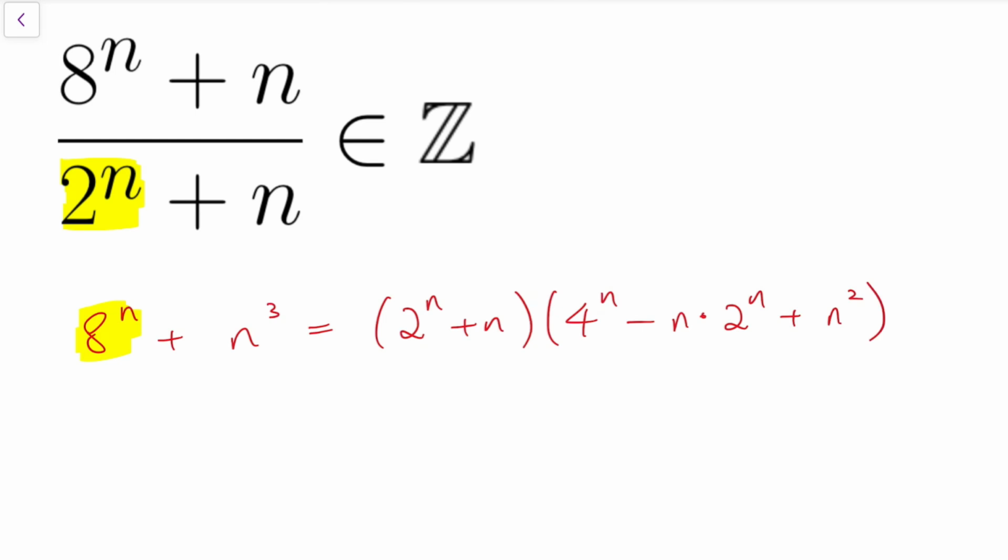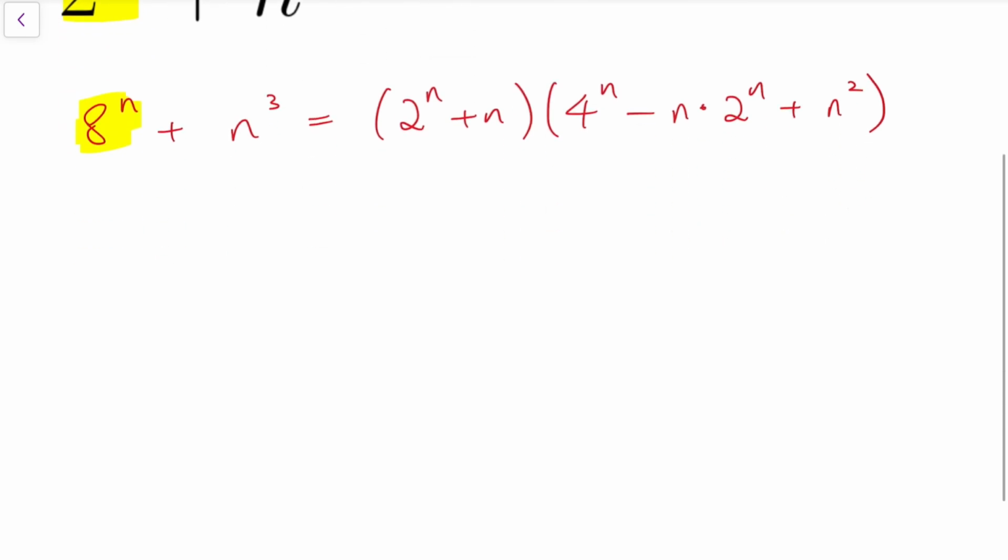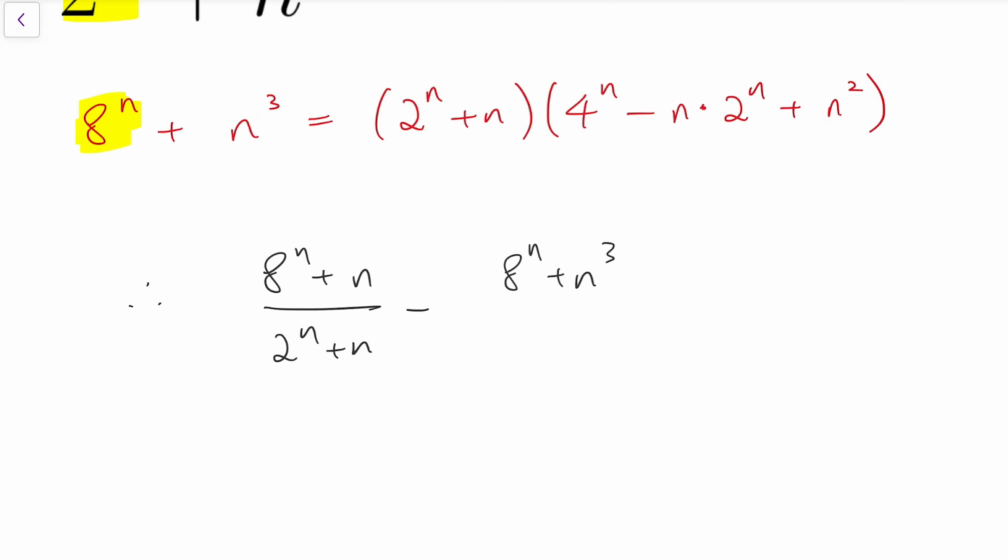And so that's a multiple. And of course, there's a common term with the given numerator. That means, therefore, the given fraction minus the multiple that we have considered, divided by 2 to the power n plus n, is still an integer.